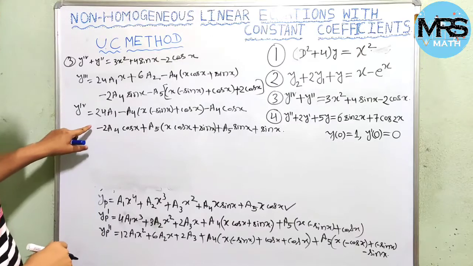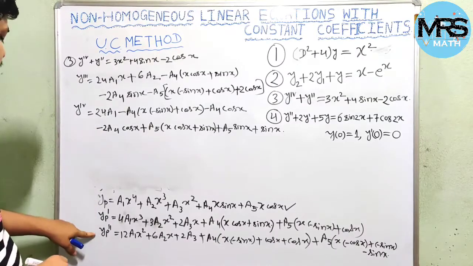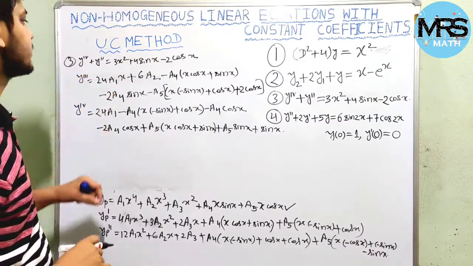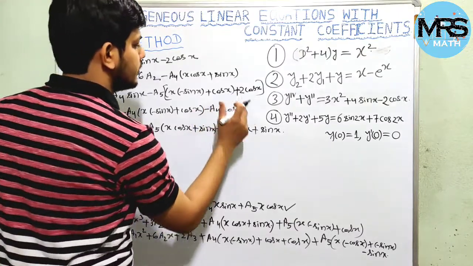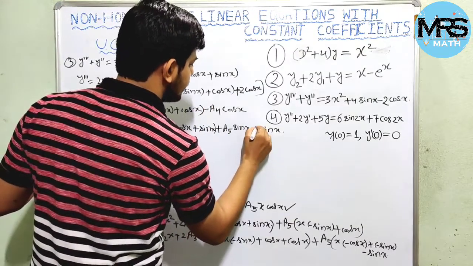Now we will substitute this y4 and y2 double dash in this equation. 2 is missing, so that should be 2, correct.